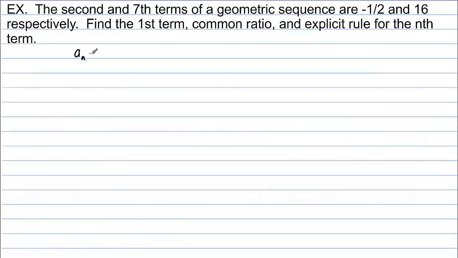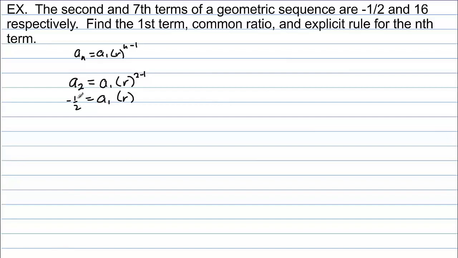A sub n for a geometric sequence is a sub 1 times r to the n minus 1. So we can write a sub 2 equals a sub 1 times r to the 2 minus 1. But we know what a sub 2 is: it's negative 1/2. We don't know what a sub 1 is yet, and it's just going to be times r.